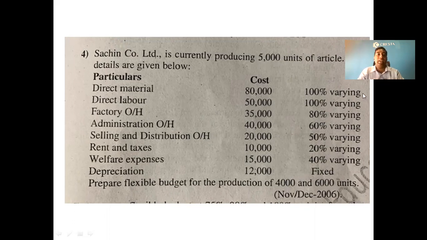For example, direct material and direct labor are given as 100% variable, factory overhead 80% variable and 20% fixed, administration overhead 60% variable and 40% fixed, selling and distribution overhead 50% fixed and variable component, rent and taxes 20% variable and 80% fixed, welfare expenses 40% variable and 60% fixed, depreciation 100% fixed amount.